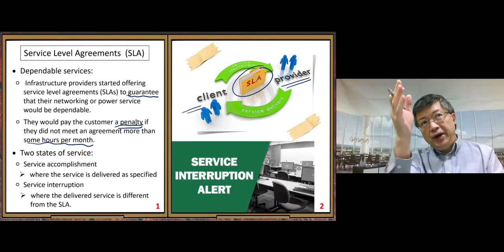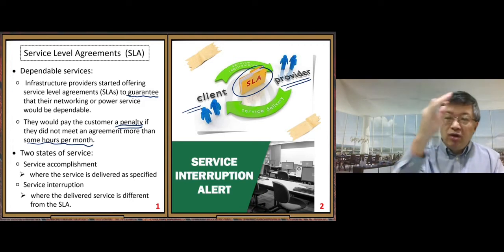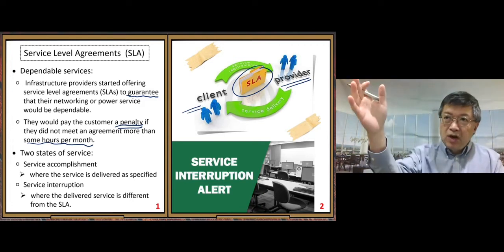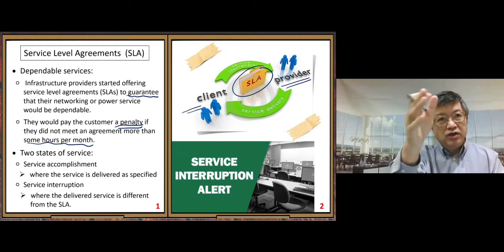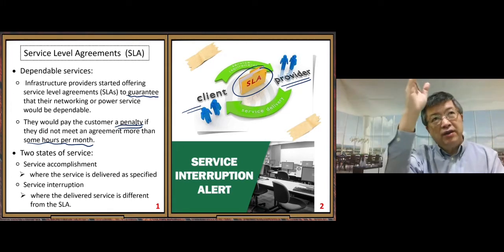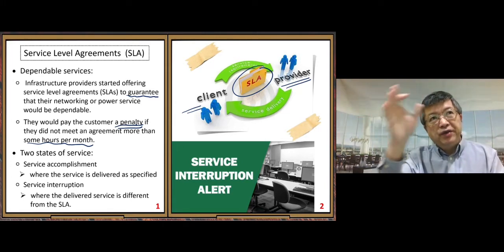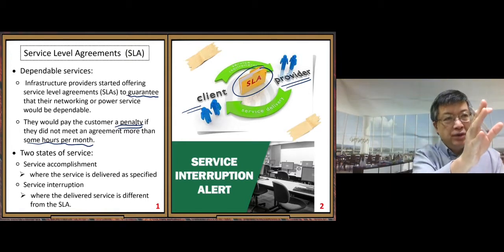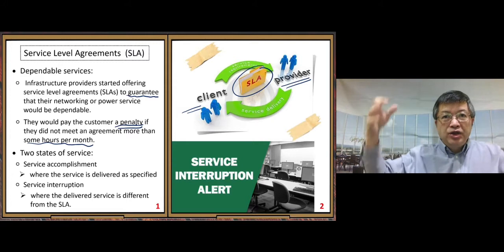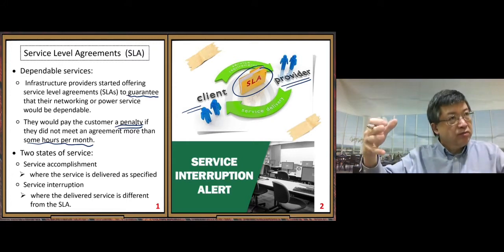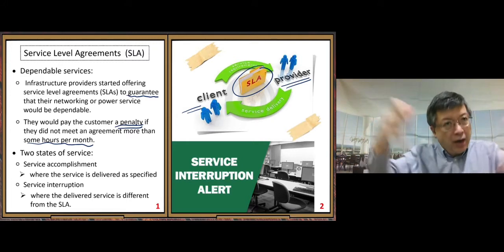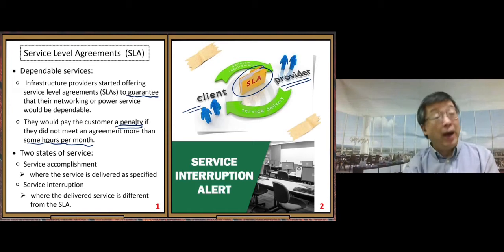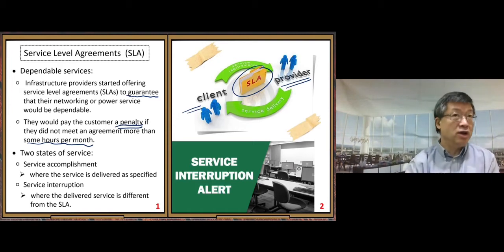And here you can see the service provider. So those companies, infrastructure providers, should do their best to make the service interruption impact as little as possible, right? The impact. So you want to make your customers happy.